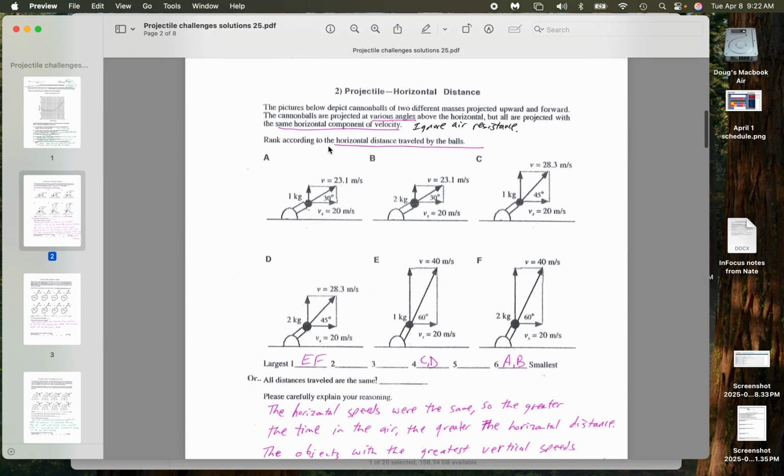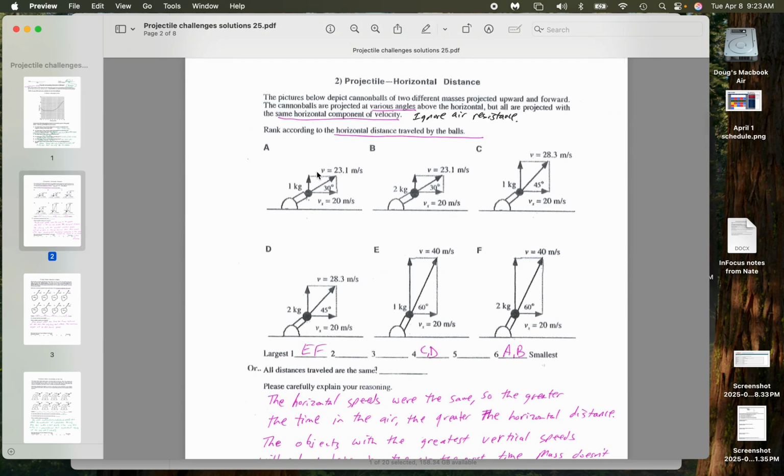So this one was asking the horizontal distance traveled. So a key thing to think of here is if these all have the same horizontal speed, which they do, then the greater horizontal distance is going to be when the object is in the air for more time. So since they have the same horizontal speed, and this is a greater velocity upward because it's a steeper angle, it's going to be in the air for more time.